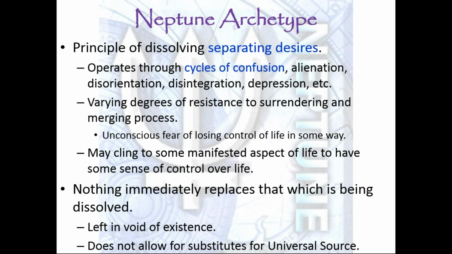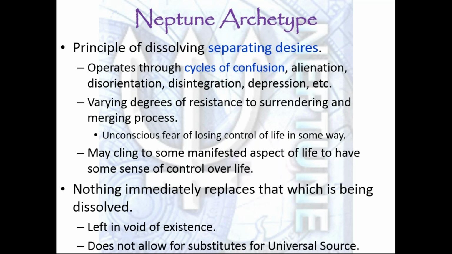They'll lose their sense of value and meaning. We can go through alienation, disorientation, disintegration, depression. Again, that cycle of confusion is where everything just loses its sense of meaning, and we cannot make sense of anything anymore.